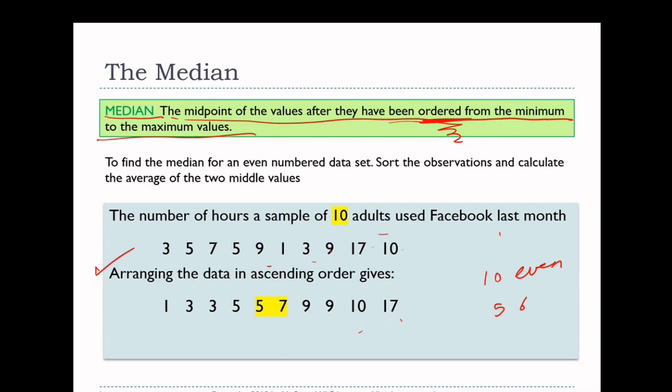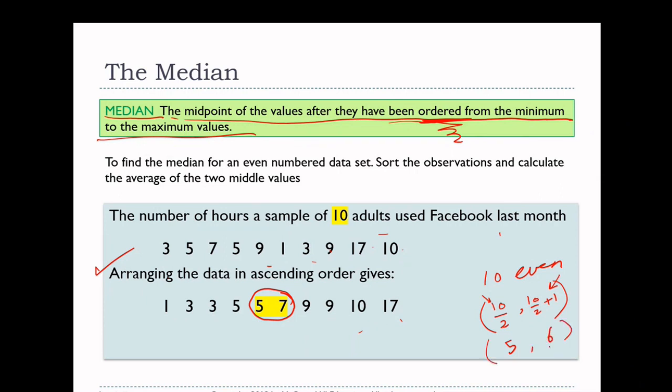So my data is even, so the two numbers in the middle, number 10 divided by 2 and number 10 divided by 2 plus 1, I take the average of these two numbers. 10 divided by 2 is 5, so number 5 and number 6.